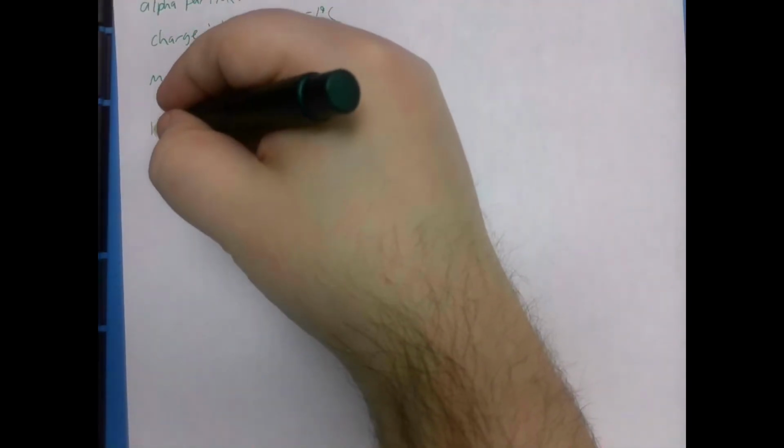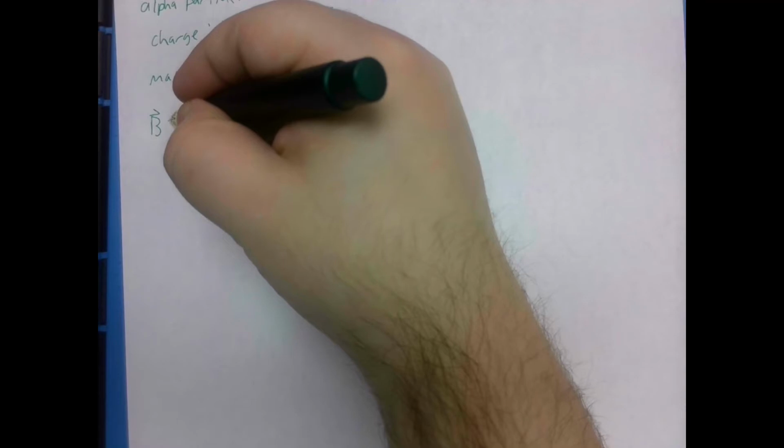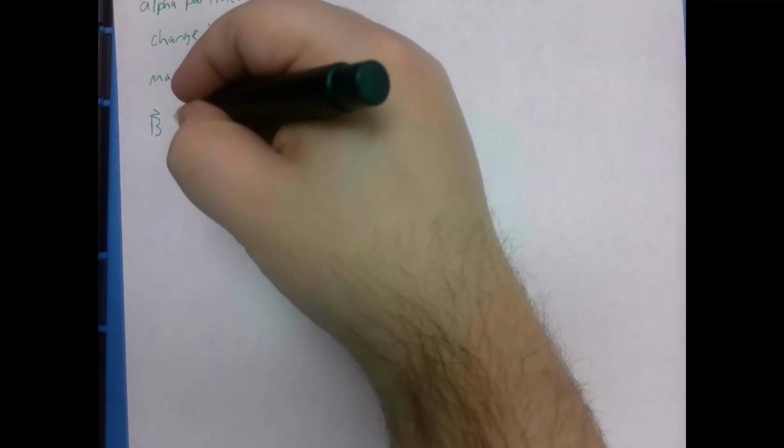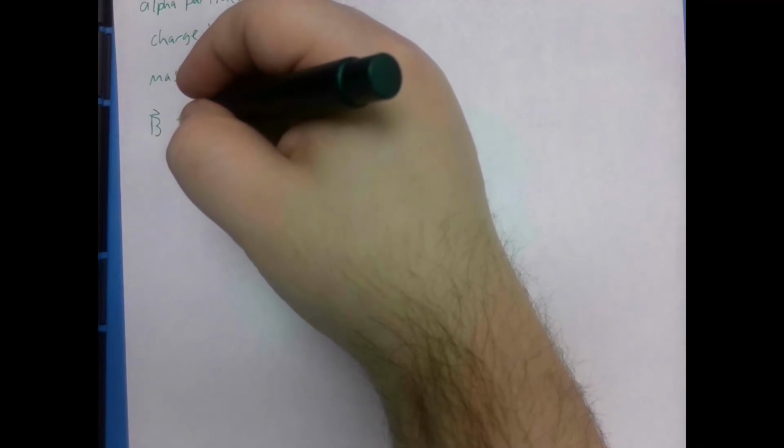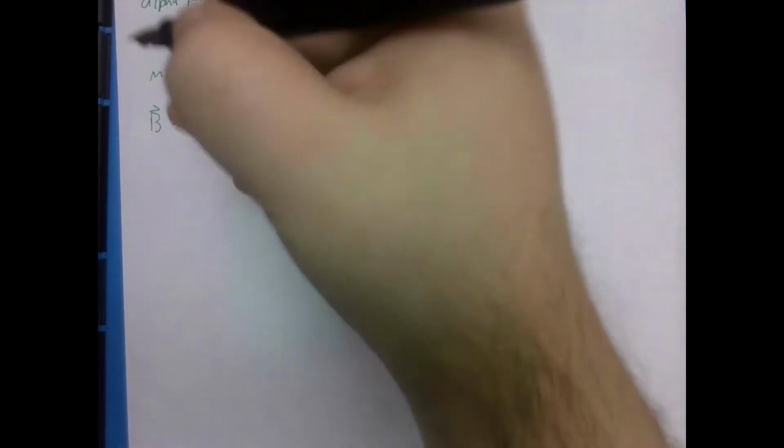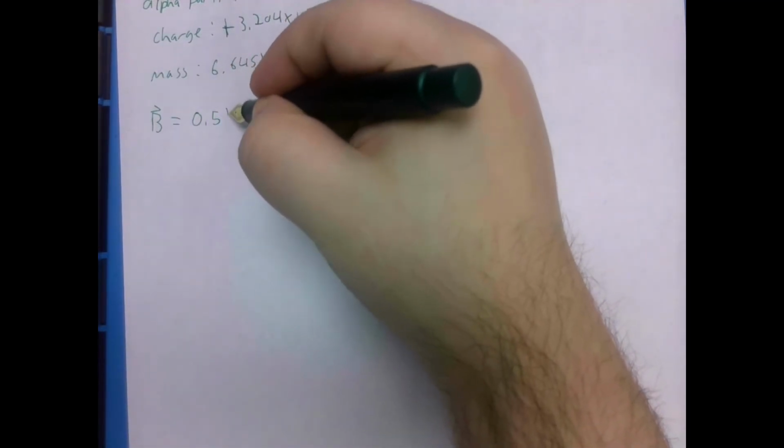If we needed to concern ourselves with gravity, we'd have to use the mass. Let's do the calculation without it, and let's assume that we have a permanent magnet. I think you really can't get a permanent magnet this strong, but let's say we have a magnetic field of 0.5 Teslas.